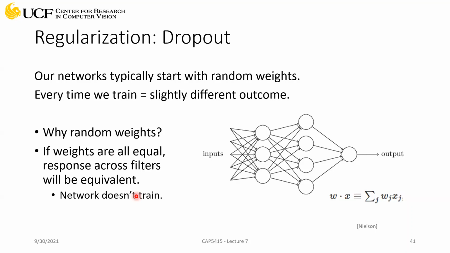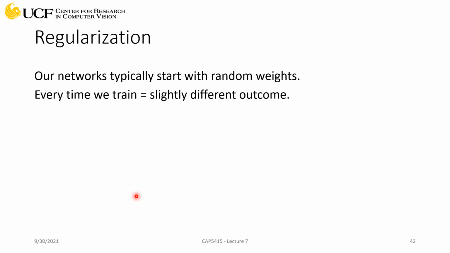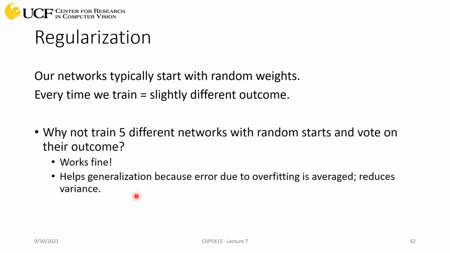So you will always have to initialize it randomly. That's a minor point, and of course there are different techniques to initialize a network, and some are said to be better than others, and one can argue that as well.